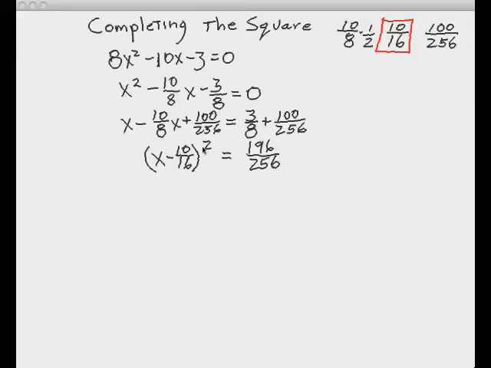All right, now I want to undo this squared. So I'm going to take the square root of both sides. Something squared, square root of, cancels that out. So I end up with just x minus 10/16.